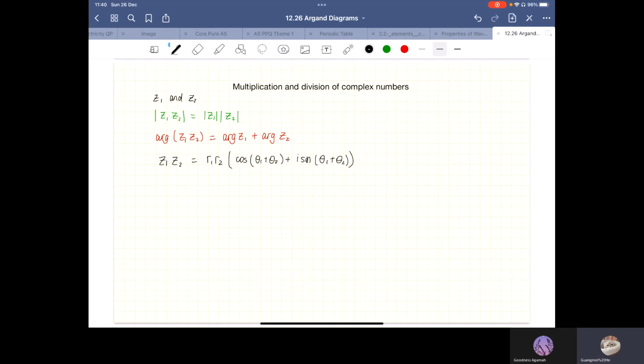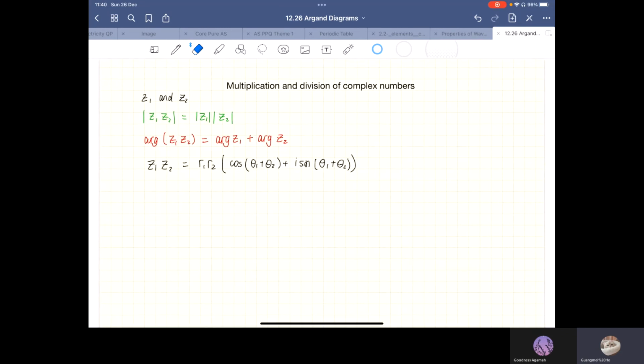And just before that, I will show you something else, and you can tell me if you want to learn more about this. So if we divide z1 by z2, what do you think this will simplify to?